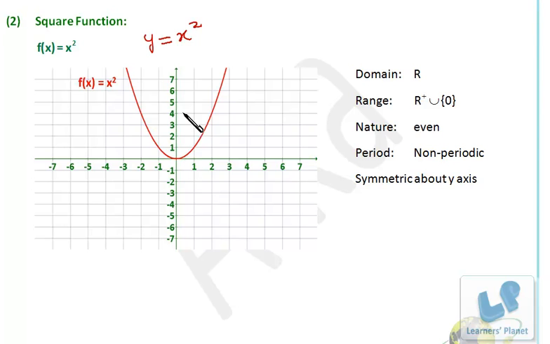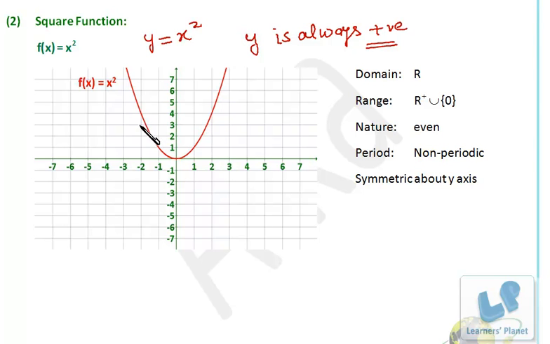The next important thing is whether you put x as negative or positive, y will always be positive. If x is 1, then y is 1. If x is minus 1, still y is 1, right? So in the first quadrant, when x is positive, y is positive.